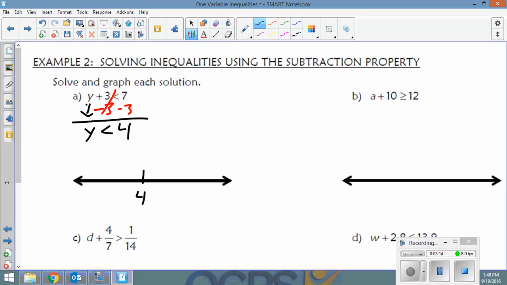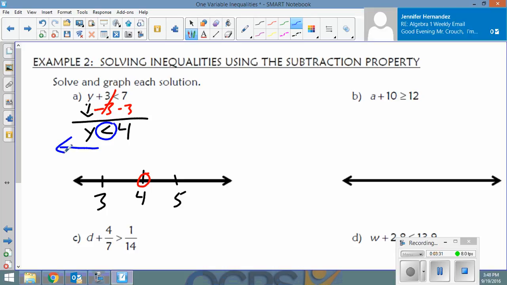So 4, 3, 2, 5, 2. Okay. Again, no line underneath the symbol, so that means it's an open circle at 4. And see how that arrow here is pointed to the left? That means I'm going to shade everything to the left.